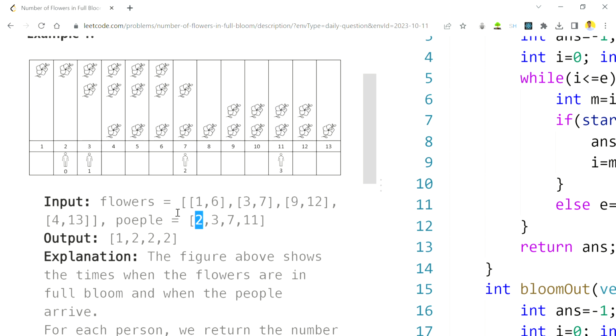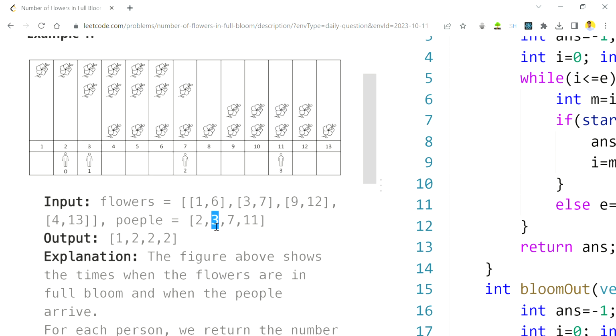So the brute force is very simple here: for each of the people, I'm going to iterate through the people's array, and count the number of intervals in which the flowers are alive. For example, for 2, I have only a single range, 1 to 6, in which 2 lies, so I can have only one flower living at the moment.